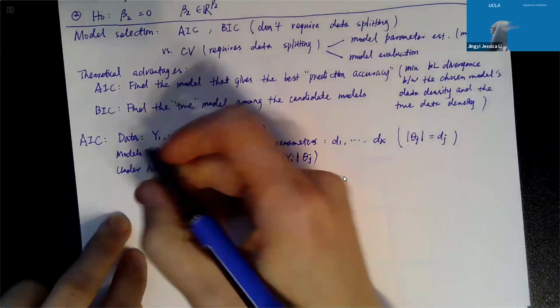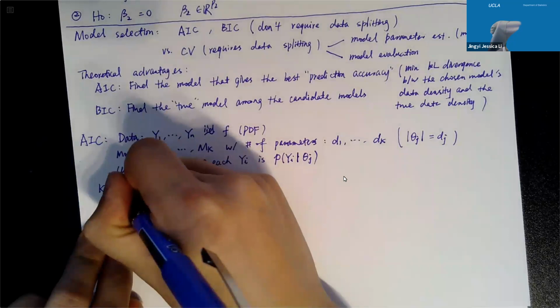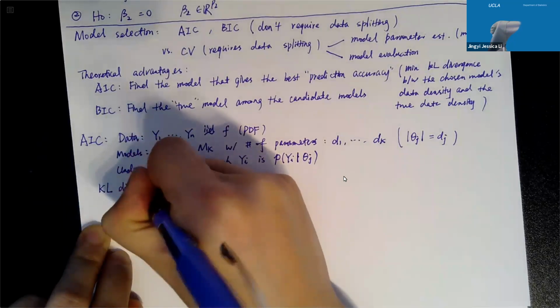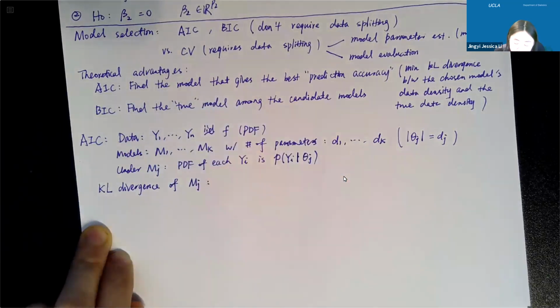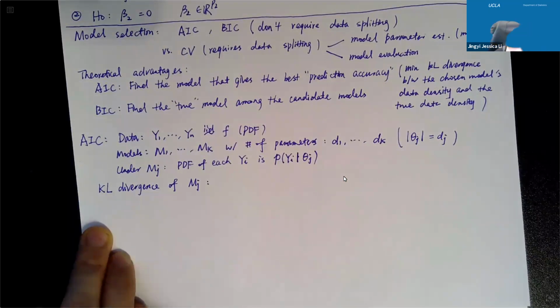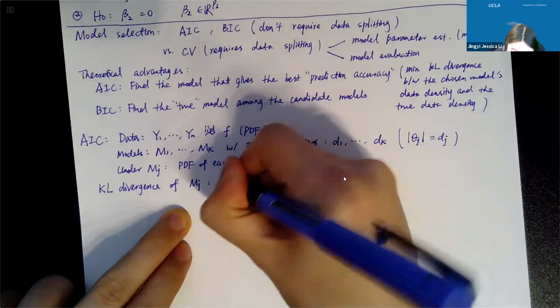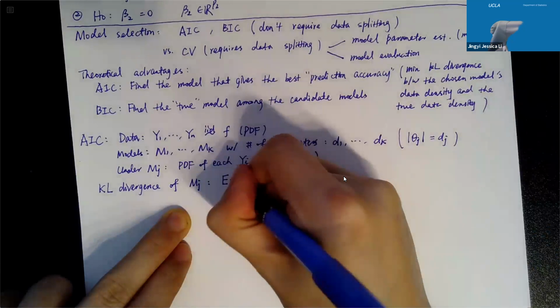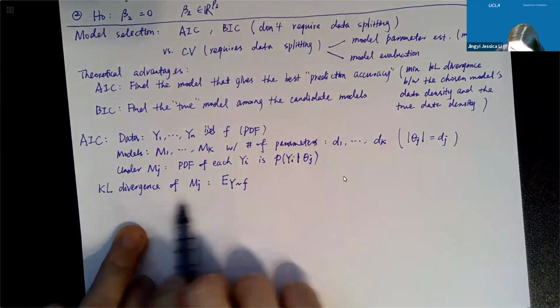Essentially, the KL divergence of Mj, in contrast to the true density F, we write as the expectation for Y following the true density F. Here we just consider one observation, one data point.